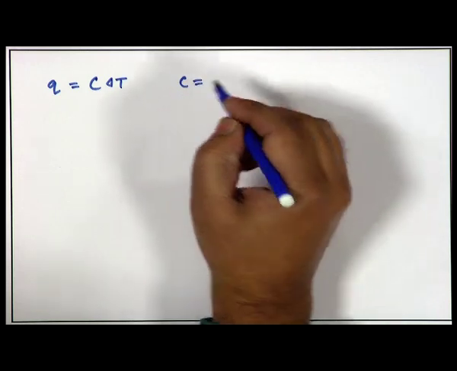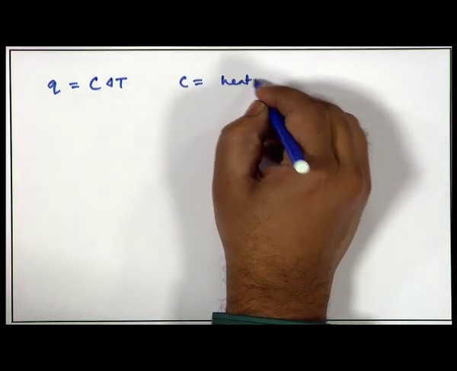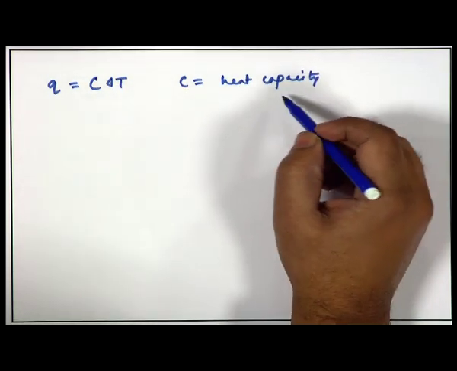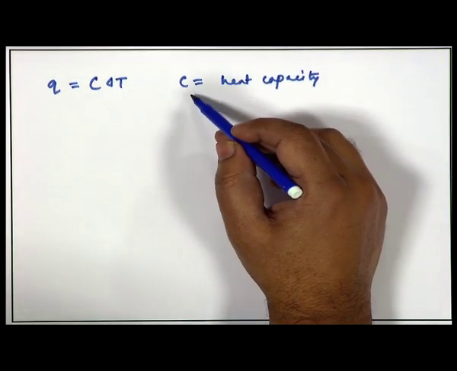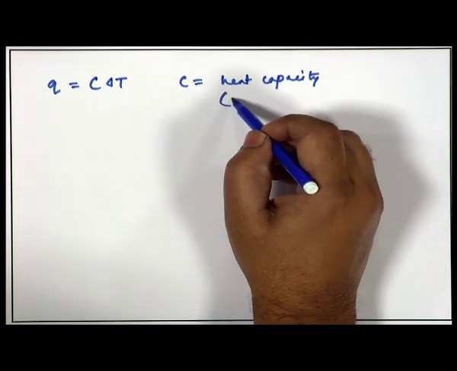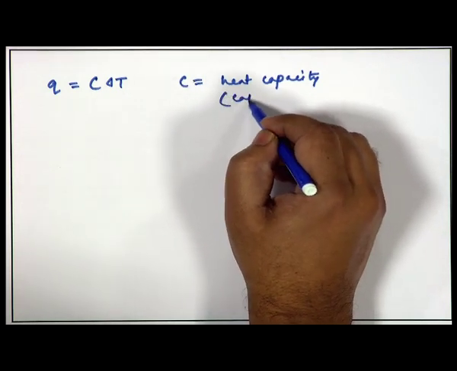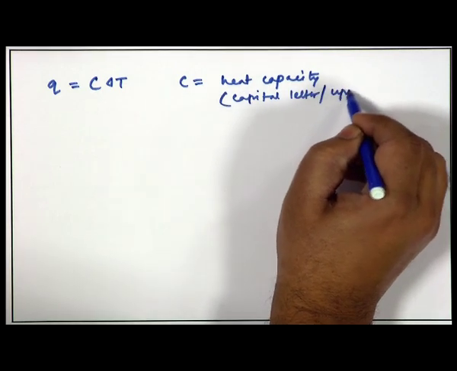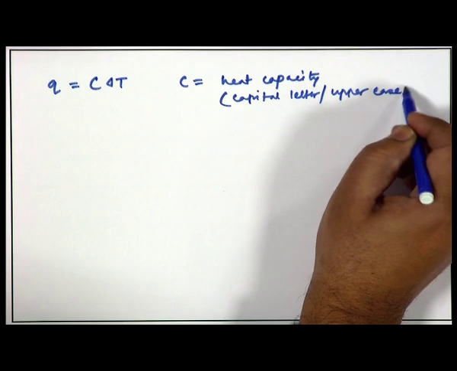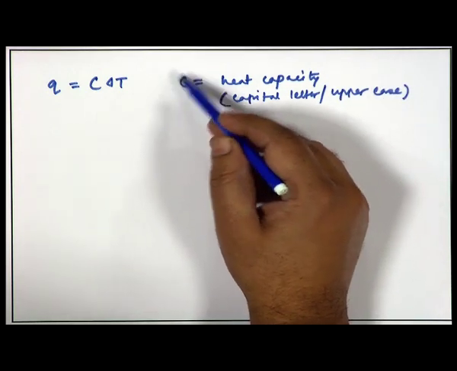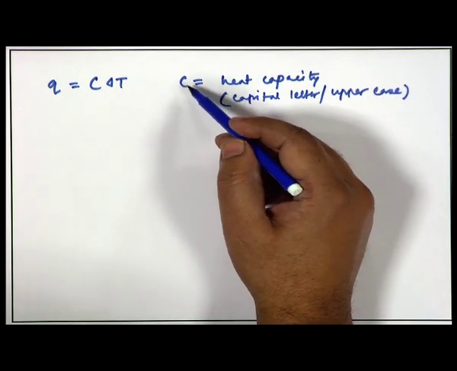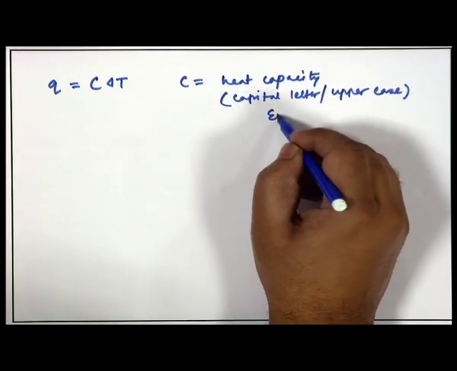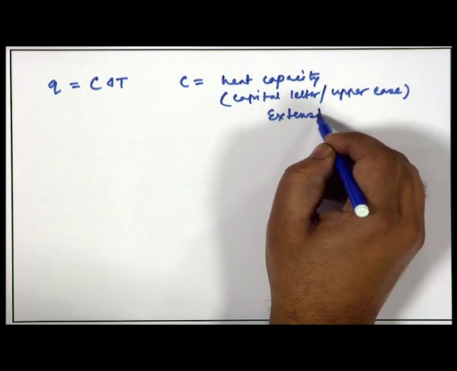This C is called the heat capacity of the substance we are talking about. Remember, this C is a capital or uppercase letter. That is for the entire substance. Obviously, if you have more substance, this value will go up. So, this is an extensive quantity.